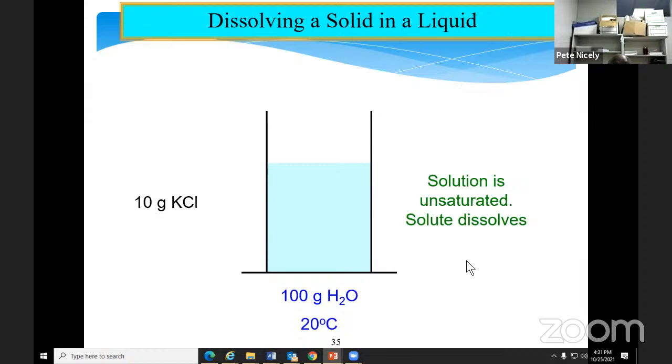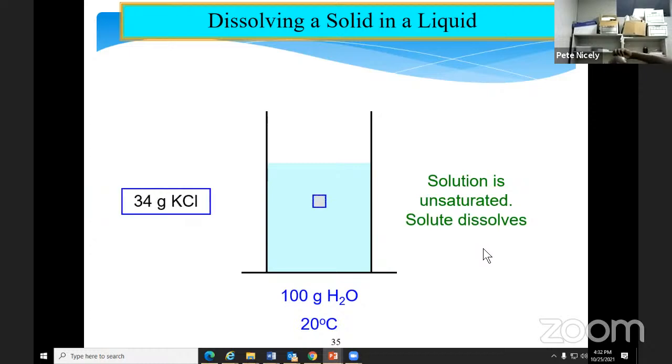So you're going to end up with a solution, and that solution will be unsaturated. And then if you increase the amount of potassium chloride to 15 grams, then that will also be a solution. If you add 20, 25, or 30 grams, you're still going to have an unsaturated solution. So all of the potassium chloride, 30 grams of it, will remain in solution.